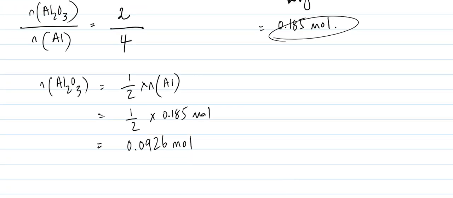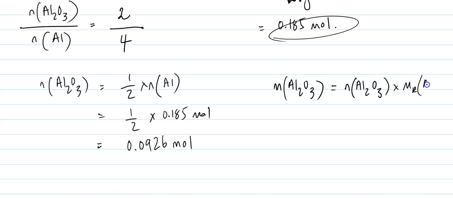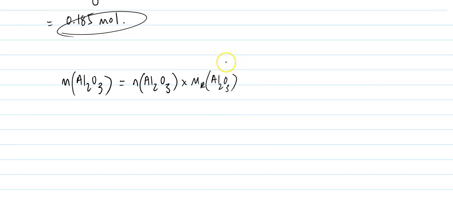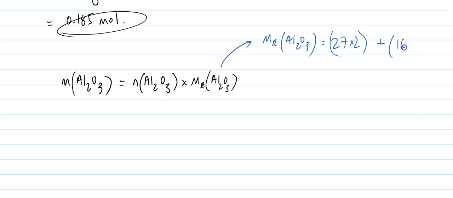Now we can work out the mass of aluminium oxide. So mass of Al2O3 is number of moles of Al2O3 times molar mass. So this is the n equals m over capital Mr equation that we've rearranged. So the molar mass of Al2O3 is 27 times 2, that's for aluminium, plus 16 times 3.